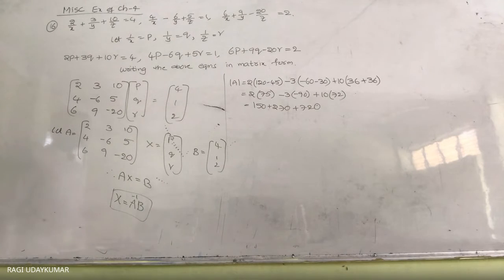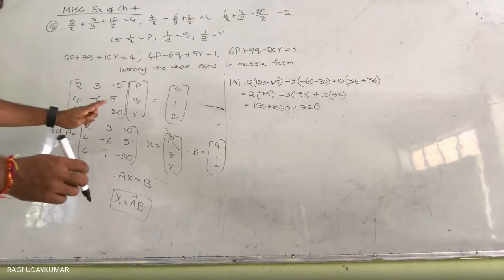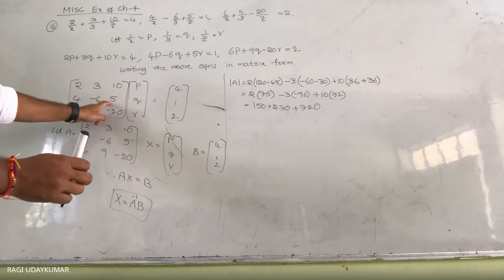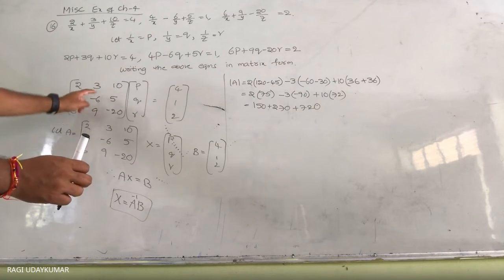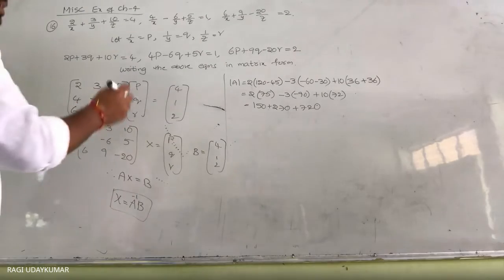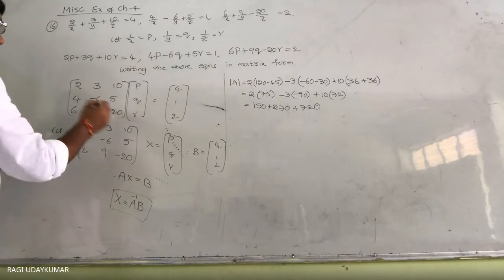Something round number we are not getting. Doubt आ रहा है, एक बार चेक करते हैं. 2 into 120 minus 45 minus 3 into 60. That's what it is. And this minus 80.